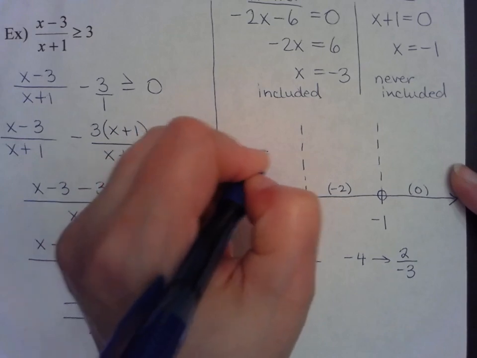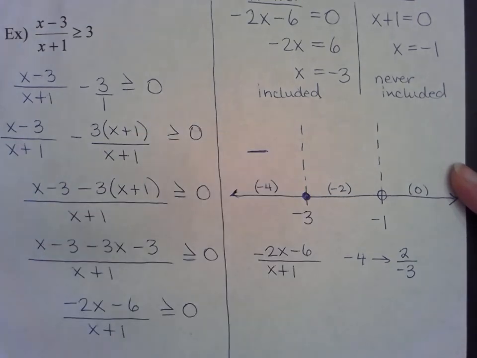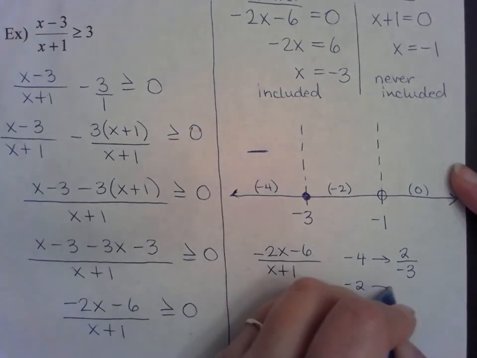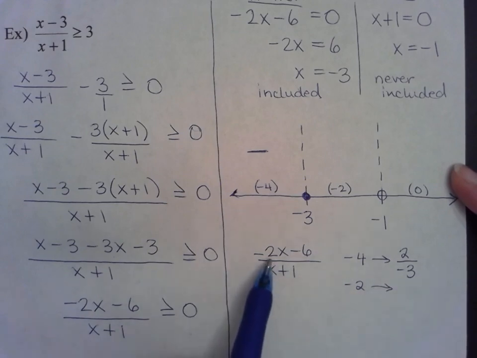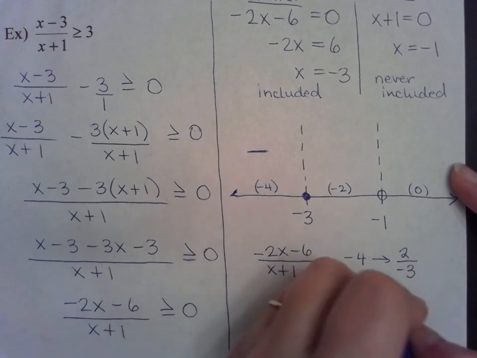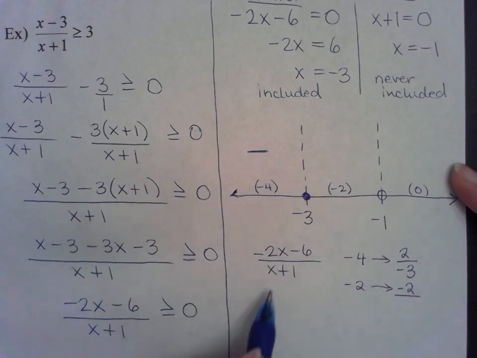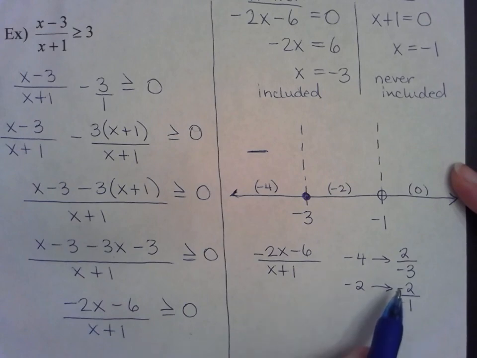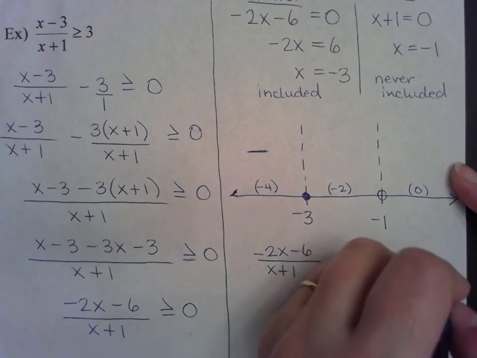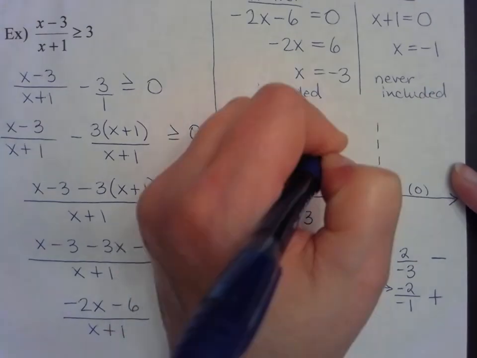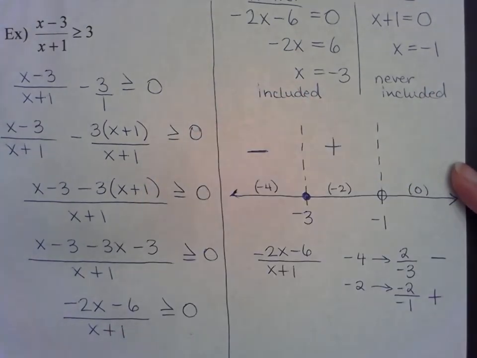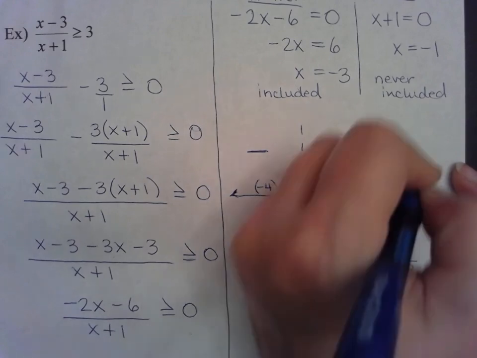So it's negative. If I plug in -2, I'm going to have 4 minus 6, so that's -2, divided by -1. A negative divided by a negative is a positive. Okay, last one, if I plug in 0, I'm going to have -6 over 1. So negative.